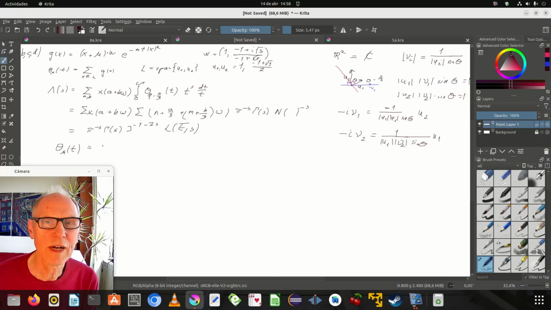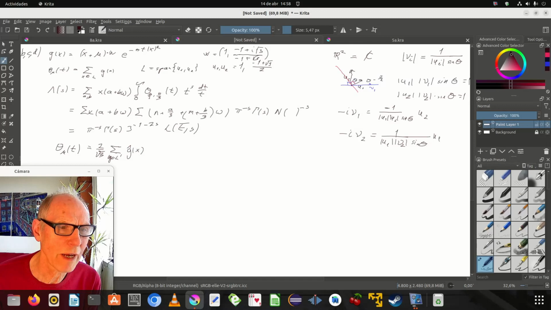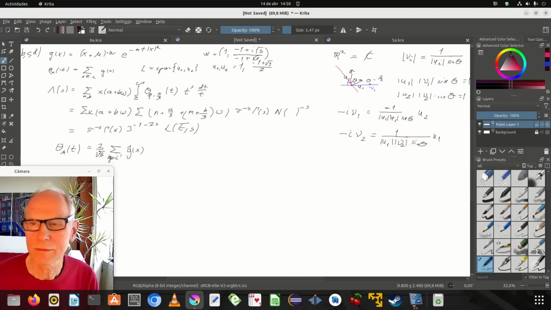So it was 1 divided by the determinant, and it's square root 3/2 times the sum over the dual lattice, and then the Fourier transform of x. Oh, shouldn't we write y here just to... yeah, let's do that.